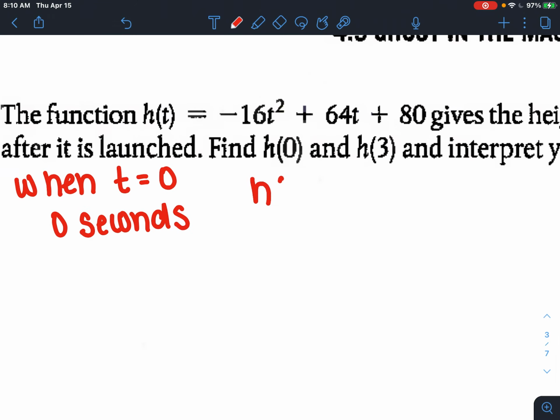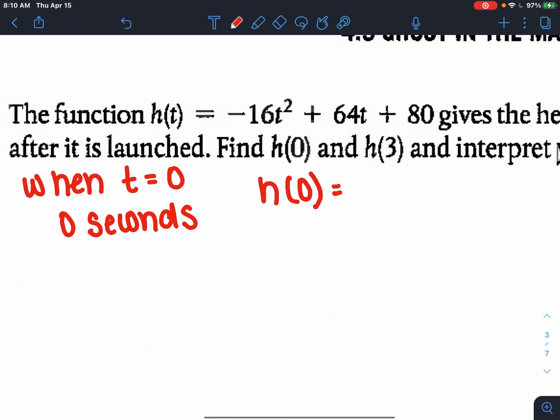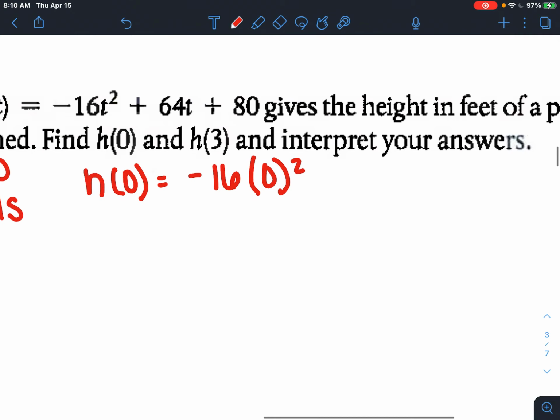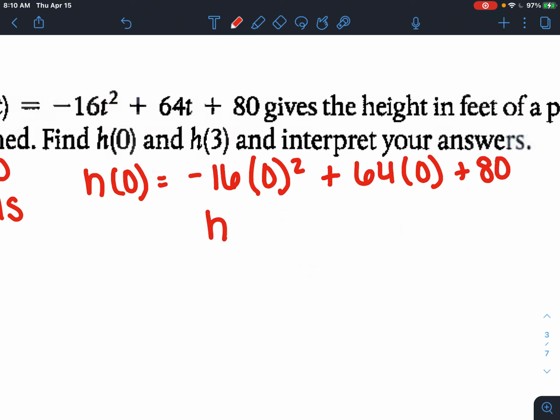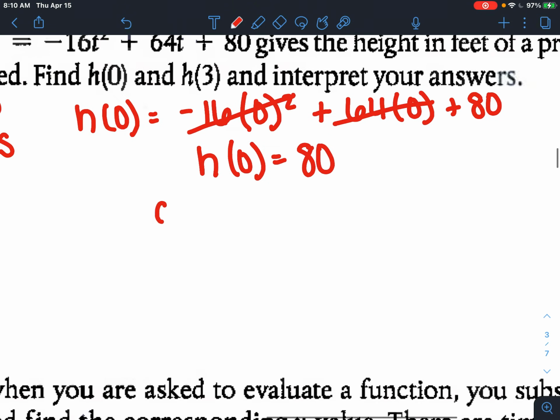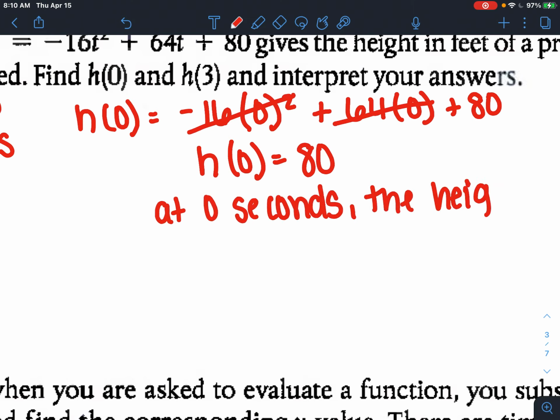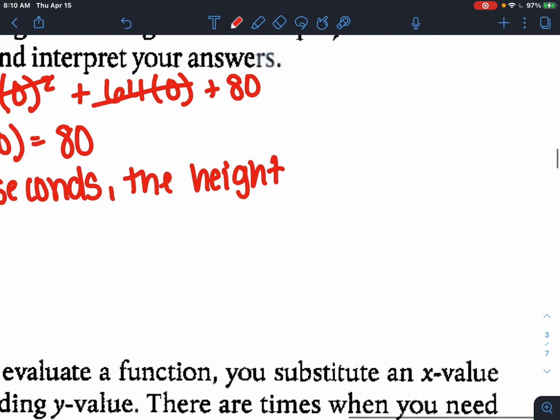We will have h of 0, so it's 0 seconds. How high is our object? So h of 0 equals 0, plus 0, plus 0, so I'm left with 80. So interpreting in the context, at 0 seconds, the height of whatever object I'm looking at is 80 feet.